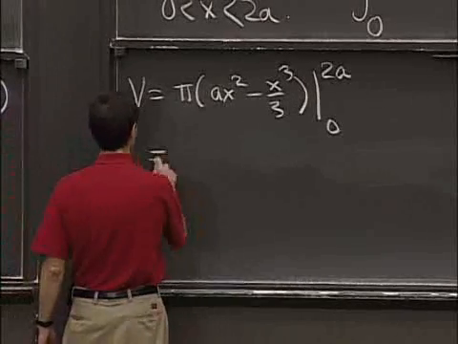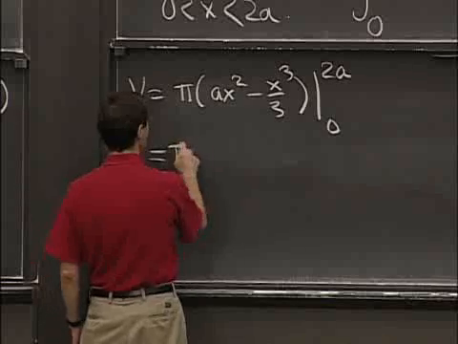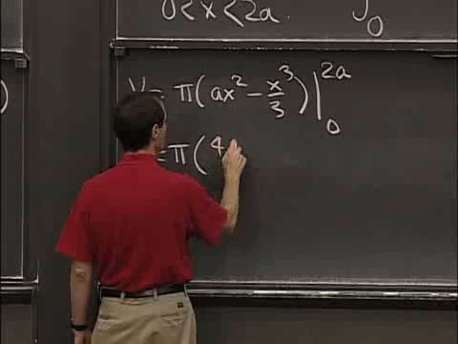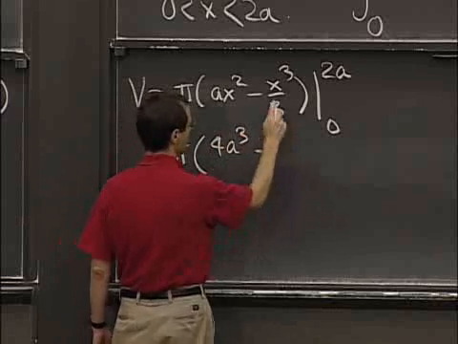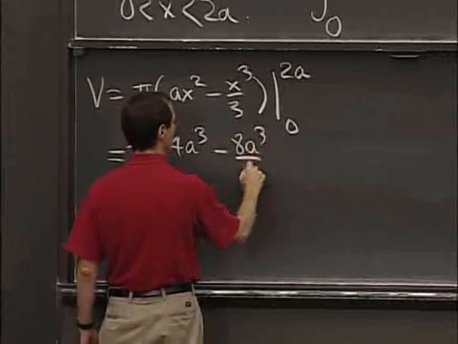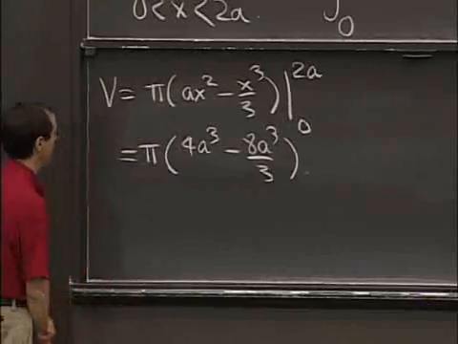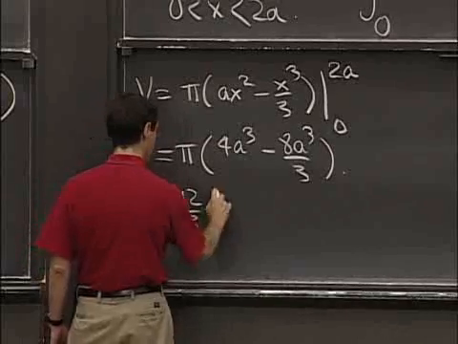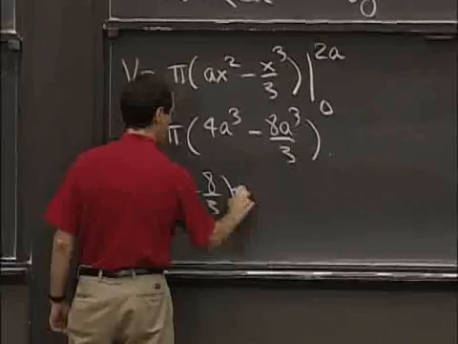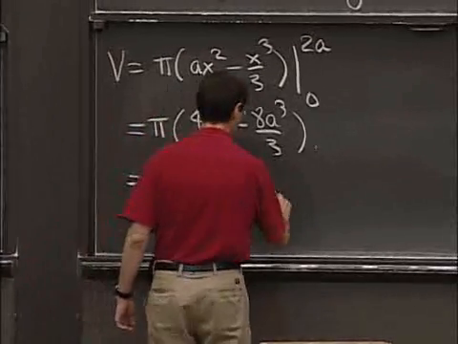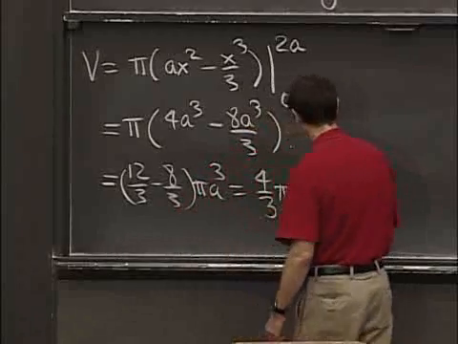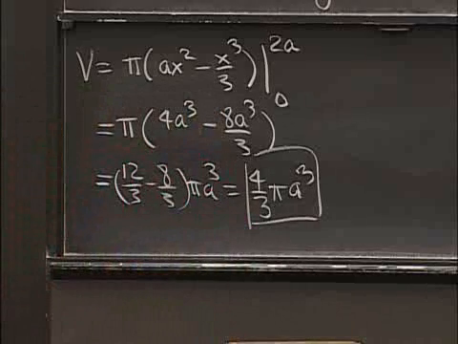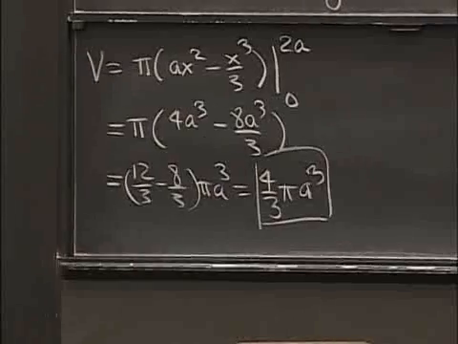And that is equal to pi times, let's see, 2 squared is 4, so this is 4a cubed minus 8a cubed over 3, right? And so all told, that is 12 thirds minus 8 thirds pi a cubed, which is a maybe familiar formula, 4 thirds pi a cubed. So it worked. We got it right.